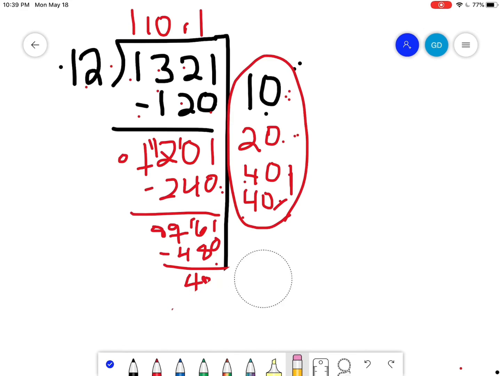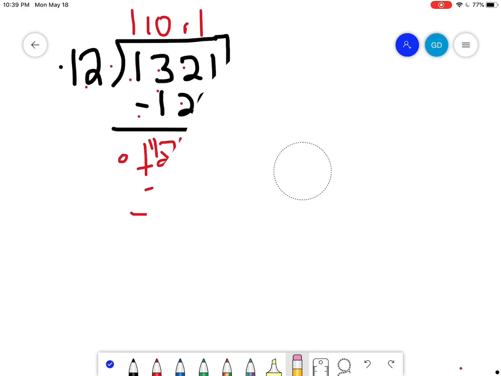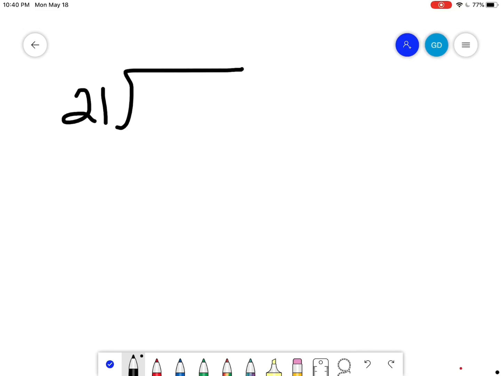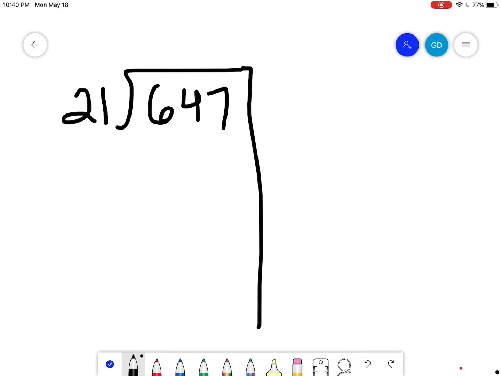Okay, let's look at another one quickly just to make sure we have the hang of that. So let's go with 21 into 647. Okay, random numbers. So what I'm going to do is drop this down so I can work on the outside again.